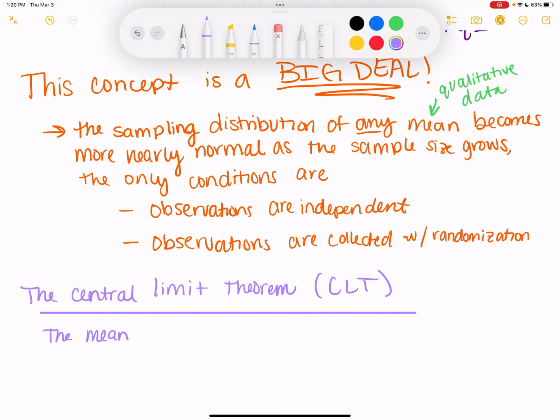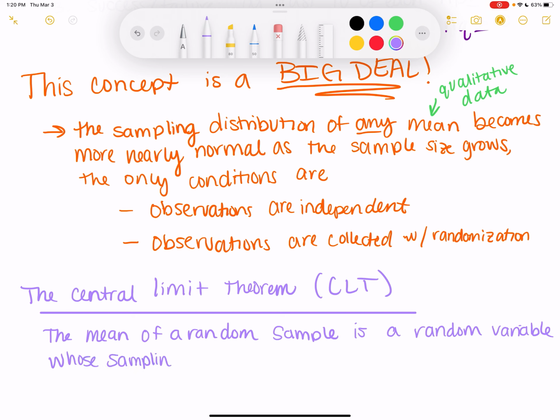All right. So the mean of a random sample is a random variable whose sampling distribution can be approximated by the normal model.